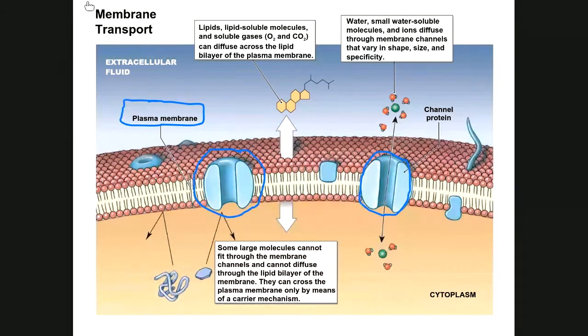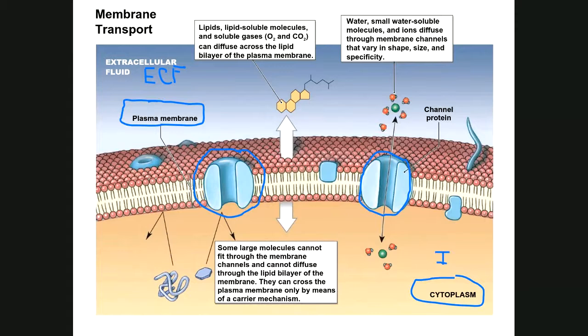ECF stands for extracellular fluid. Inside of the cell, we have the cytoplasm. The part of the cytoplasm that is just the solution is known as the cytosol or simply the ICF.